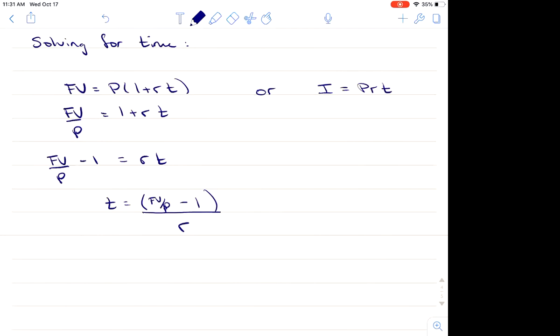How long did it take? Then you should use the future value formula. Okay. So I equals PRT, solving for T, we get T is just I divided by PR. So it just depends on what information you have.